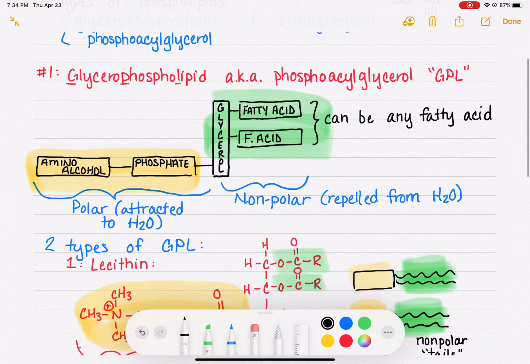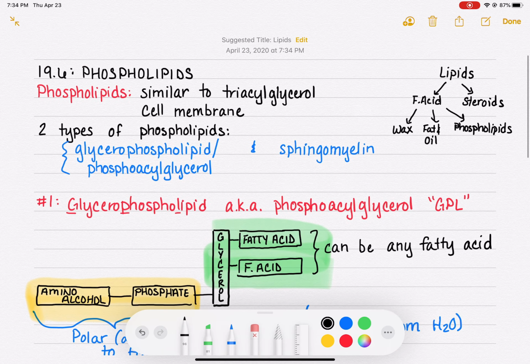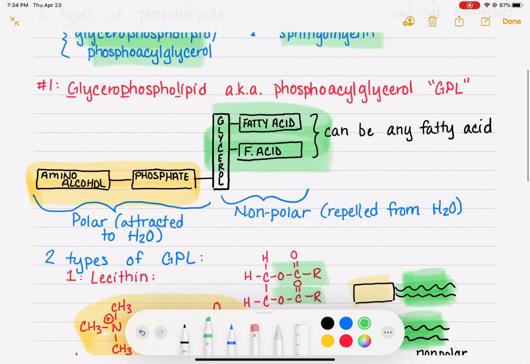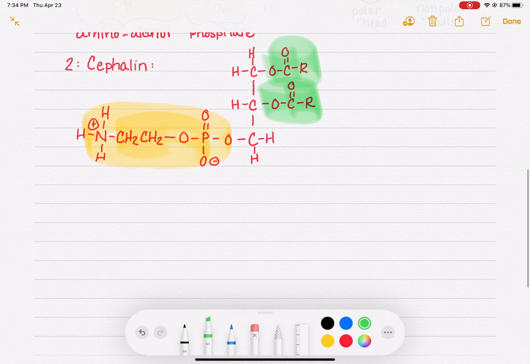And then also, let's scroll back up. So we just talked about the 2 glycerophospholipids. Now we need to talk about the sphingomyelins. So this is going to be number 2, sphingomyelin.